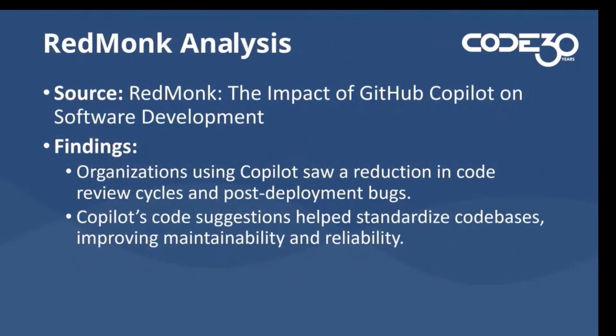The next one, this Redbook analysis: organizations using Copilot saw a reduction in code review cycles and bugs, and the code suggestions help standardize those code bases, improving maintainability and reliability.